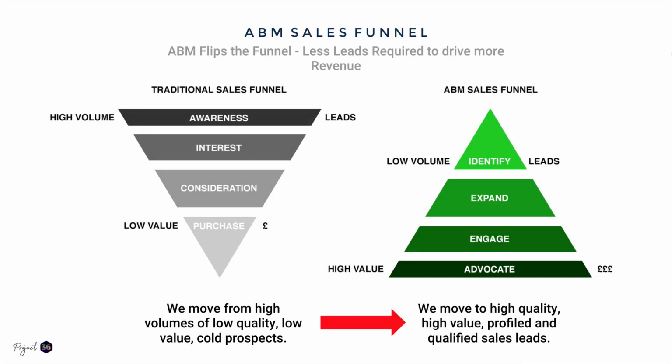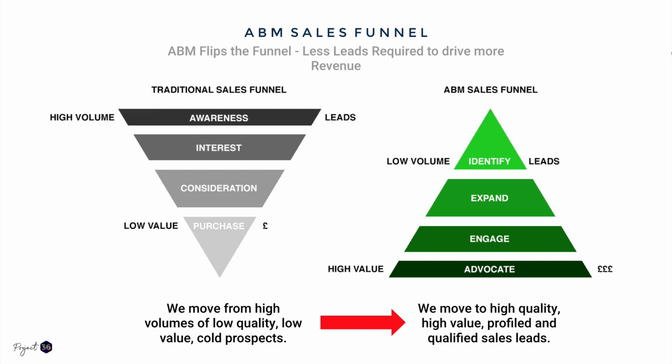So on the left again, we've still got the traditional sales funnel, which is traditionally high volume, low value. So you've got lots of people coming through, you give them a bit of awareness, you generate some interest, eventually they'll start to consider your product or your offering, and they'll make a purchase. Traditionally, as I say, low value.